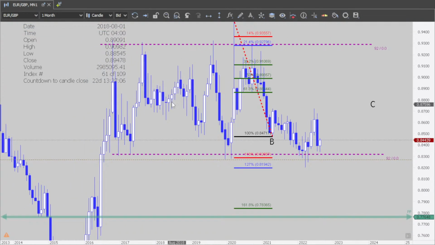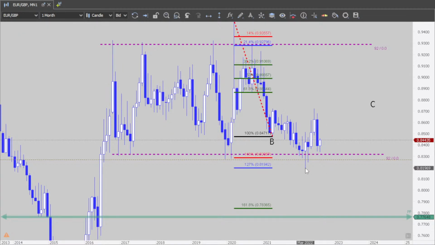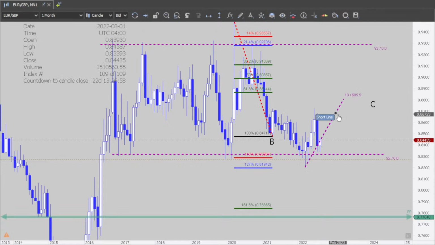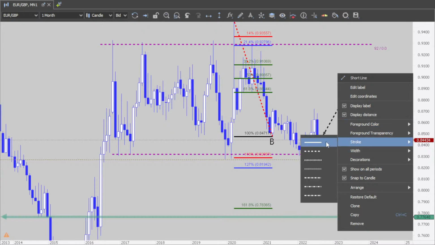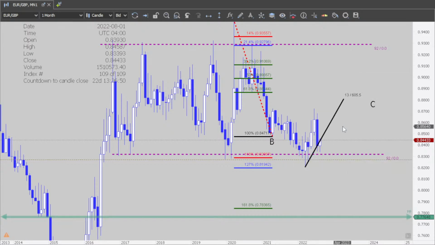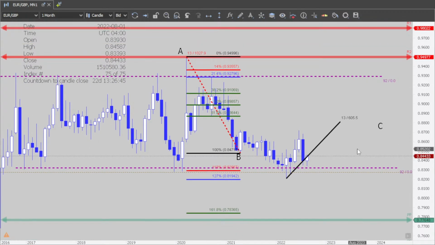And guess what is going to happen? Maybe it's happening to you right now. Some of you might or might not have shorted this candle. Color like this. So this is the Fibonacci on the monthly, just an example.